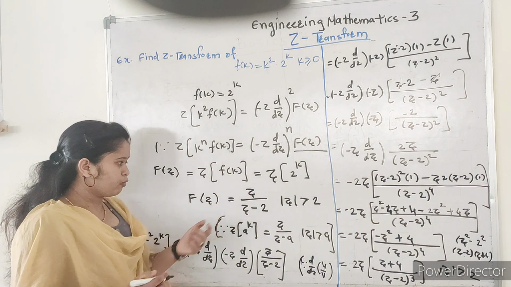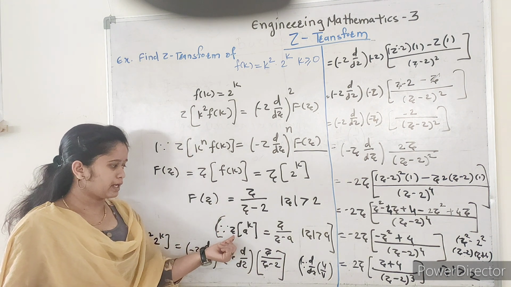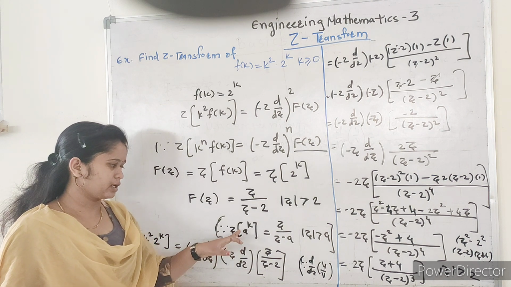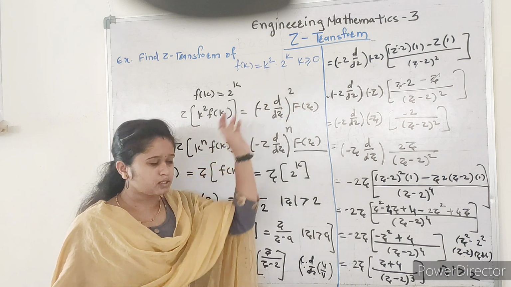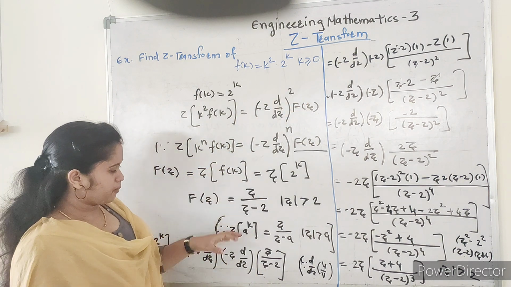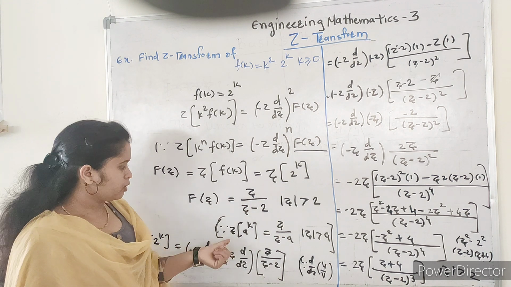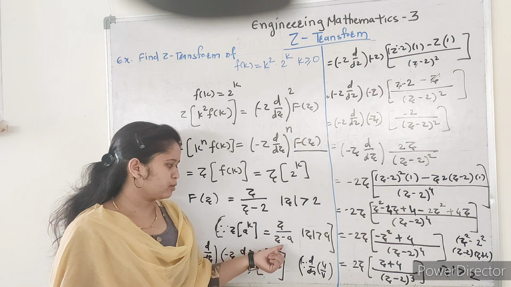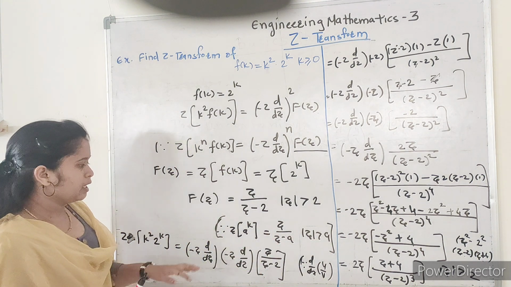How do we write it? By using the formula for the z transform of a raised to k. We already solved the z transform of a raised to k for all values of k greater or equal to 0. So directly we apply the result here. The z transform of a raised to k is z upon z minus a for all values of mod z greater than a.